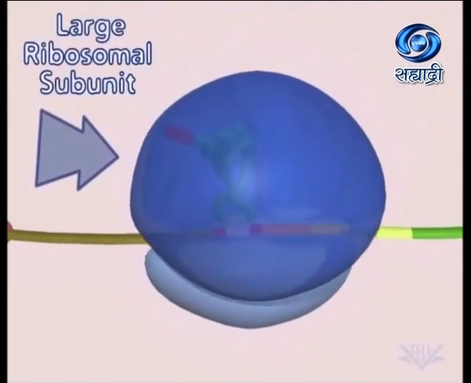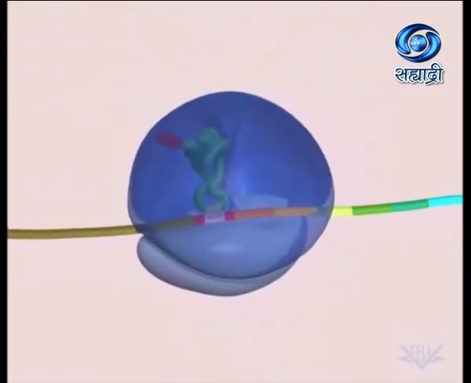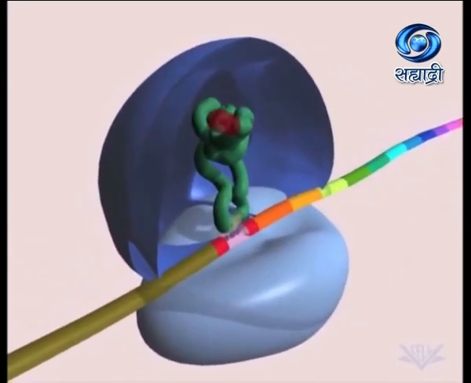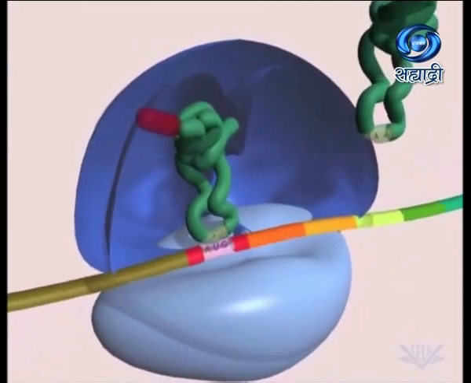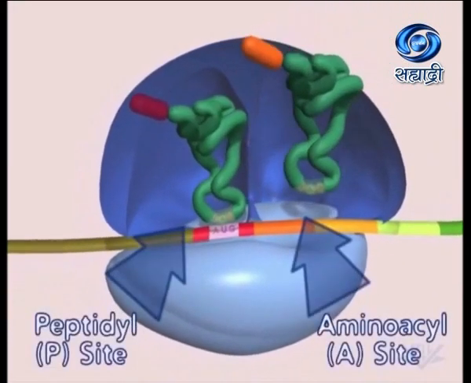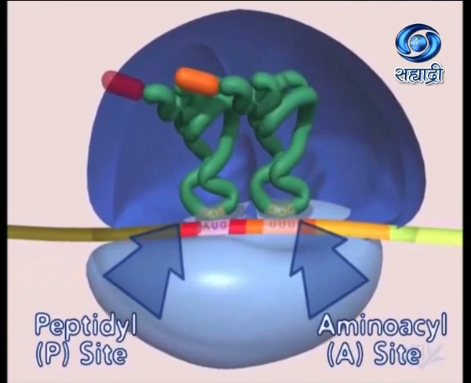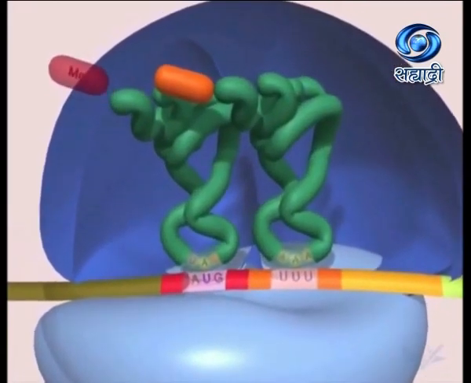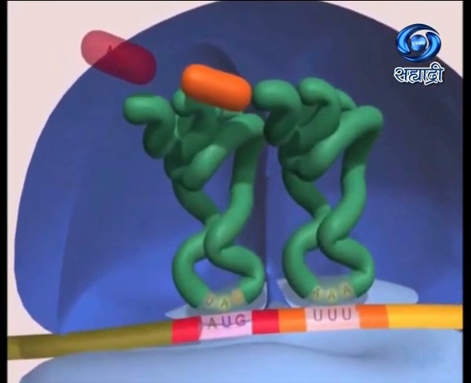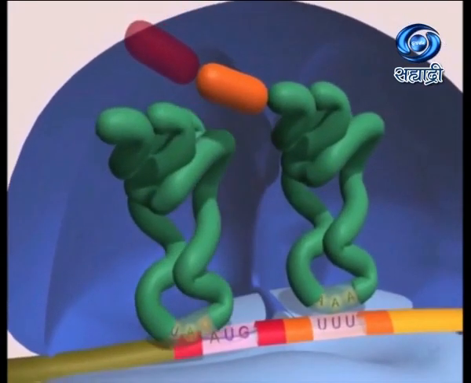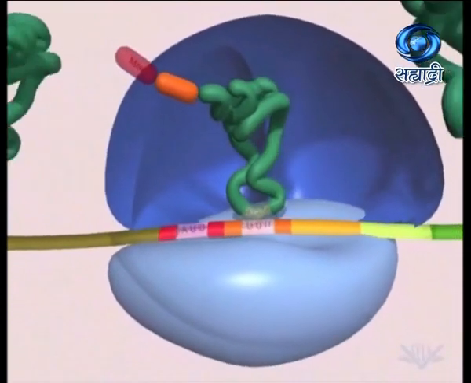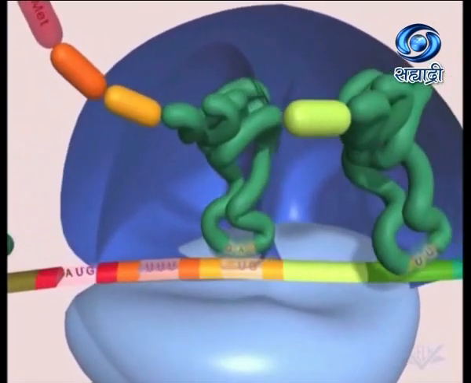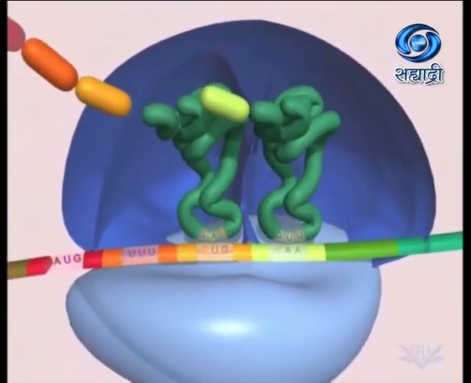The larger subunit you are observing. It comes directly to the peptidyl site. The second one arrives at the A site. See the previous amino acid, methionine, and a new amino acid forming the bond here. See the bond formation. The empty tRNA leaves. The third one you are observing, again polypeptide chain formation.